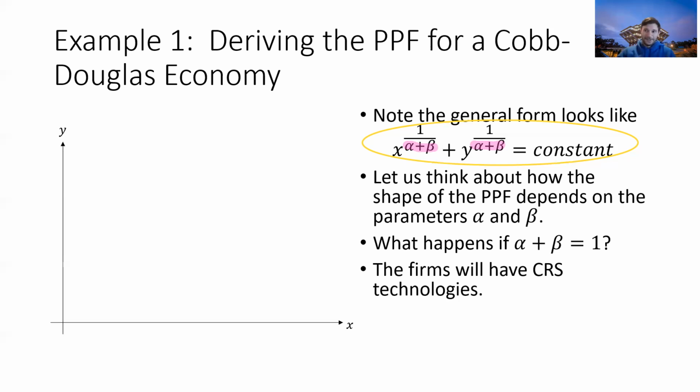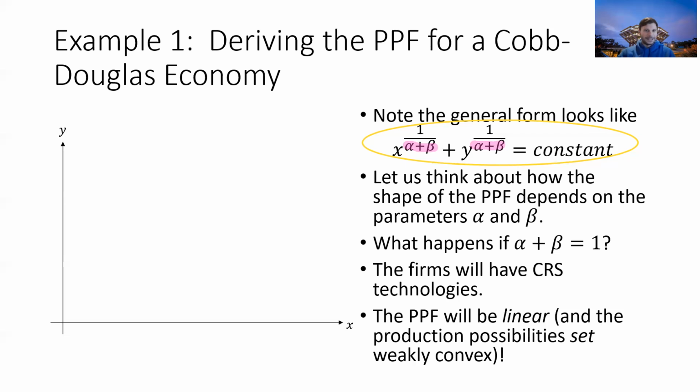Okay, so if the technologies are constant returns to scale, you actually wind up getting a linear production possibilities frontier here. Meaning as you move along the production possibilities frontier, the rate at which you give up Y to shift production to the X sector stays constant.